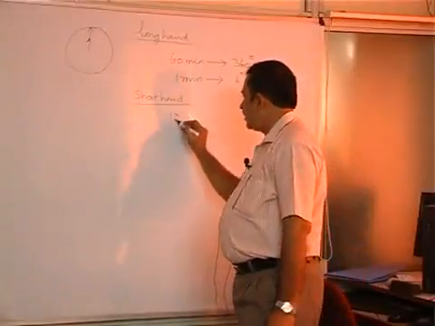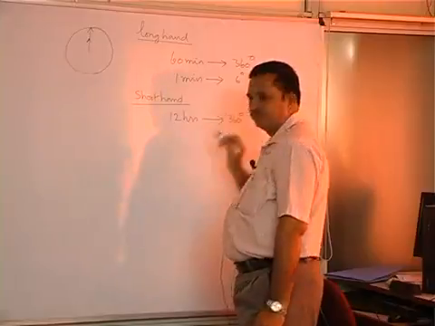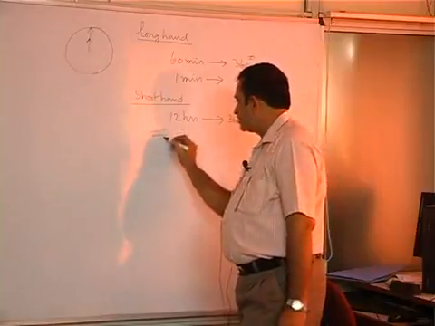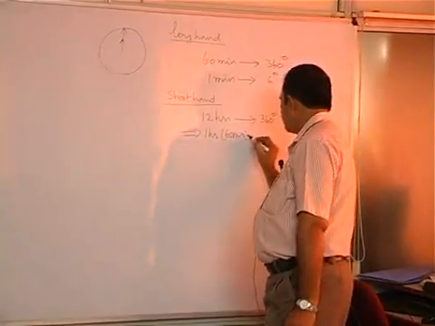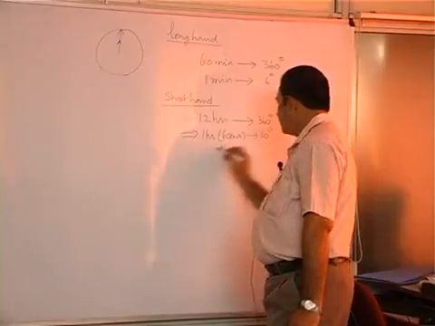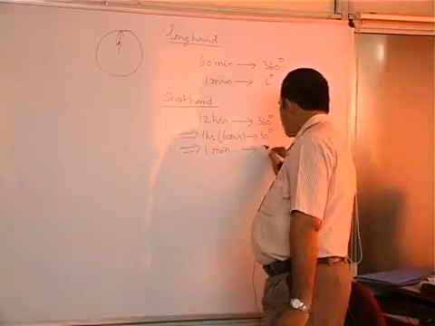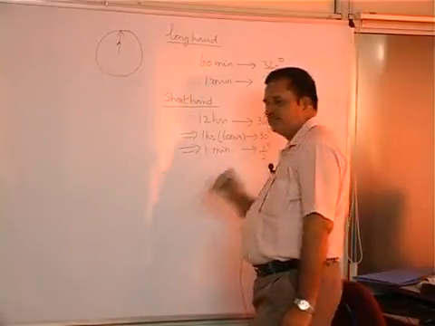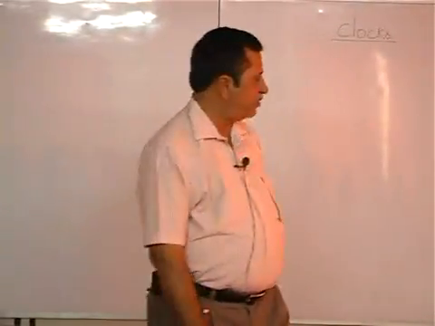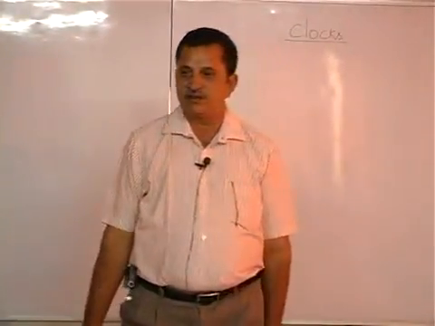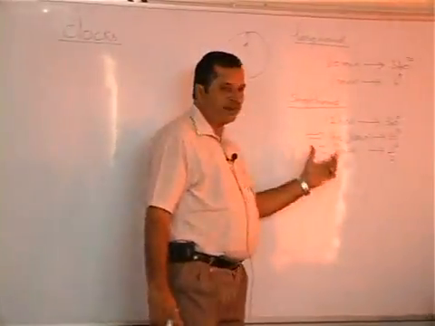So in 12 hours, it rotates about 360 degrees, which implies in 1 hour, that is in 60 minutes, 30 degrees, which implies in 1 minute how many degrees? Half degree. Long hand will rotate about 6 degrees in 1 minute, whereas short hand will rotate about half a degree in 1 minute.